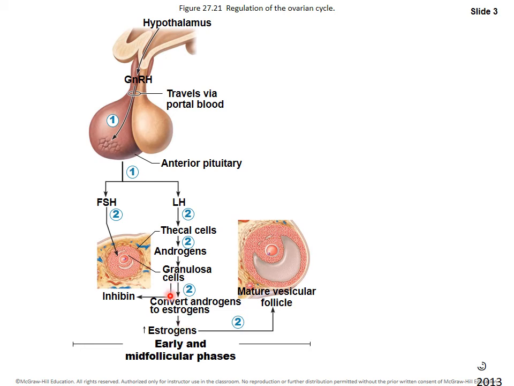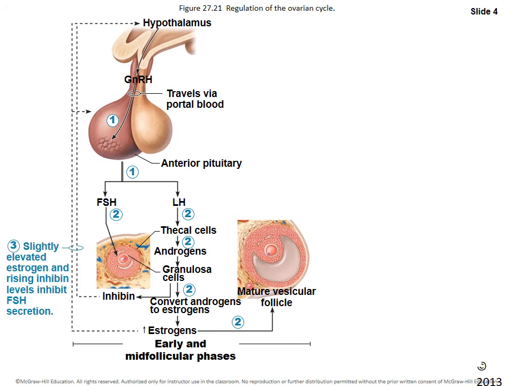It's also going to stimulate them to produce the hormone inhibin. All right, and so as these secondary follicles develop, they're going to produce more and more estrogen and inhibin, and the estrogen that's being produced is going to feed back onto the follicle itself and help promote its maturation, eventually into a mature vesicular follicle.